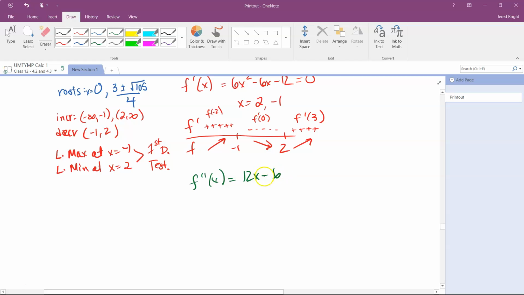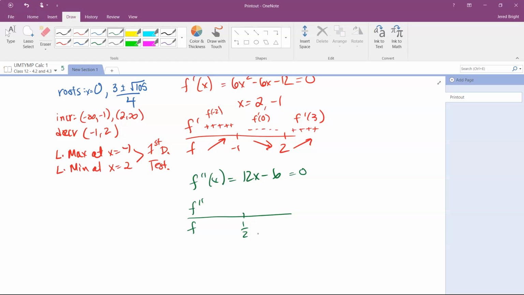Okay, and so then I can make a chart. We haven't done this yet, but I can make a chart like I did with my first derivative and say, okay, well, this is equal to 0, and so solving that, 1/2 is where the second derivative is equal to 0.